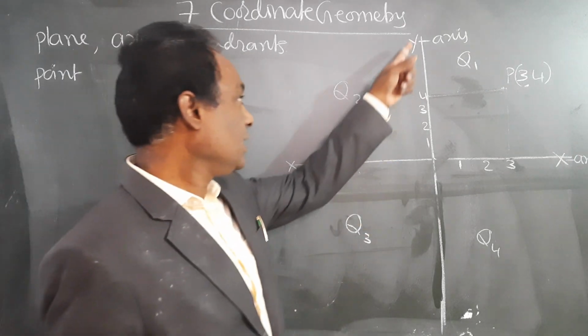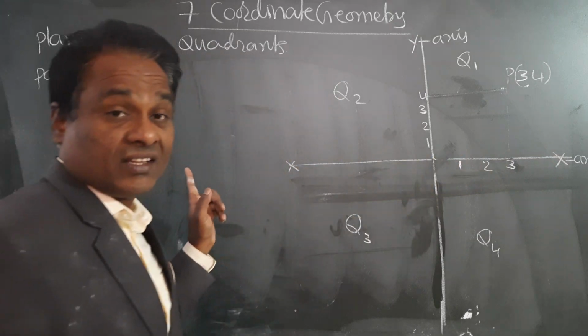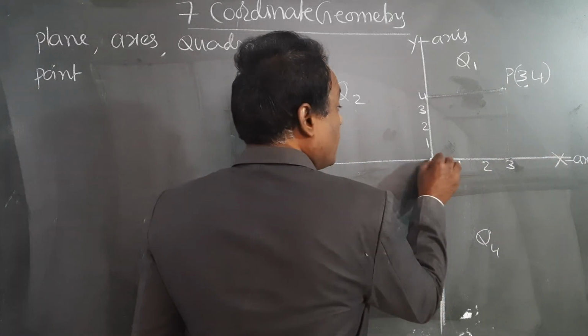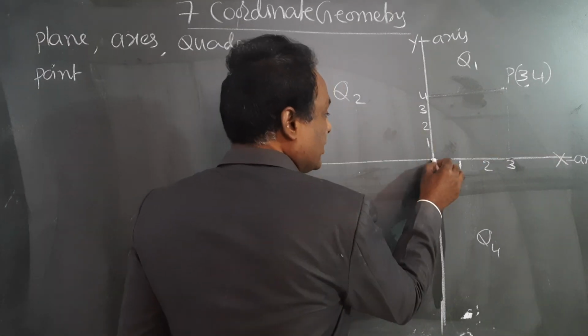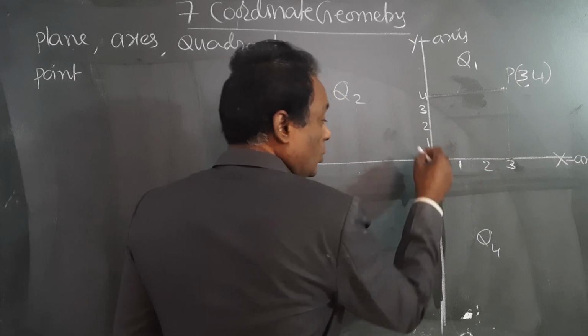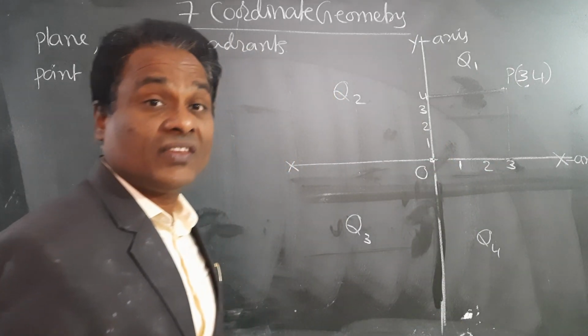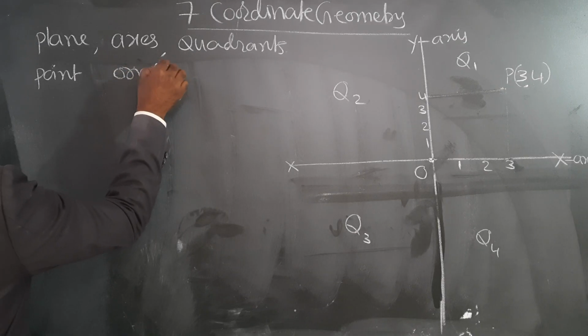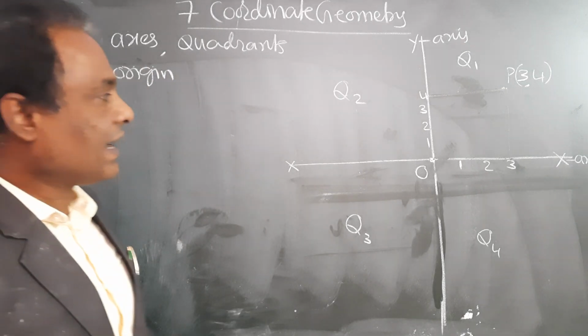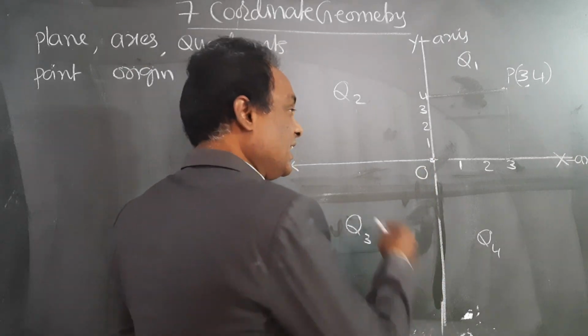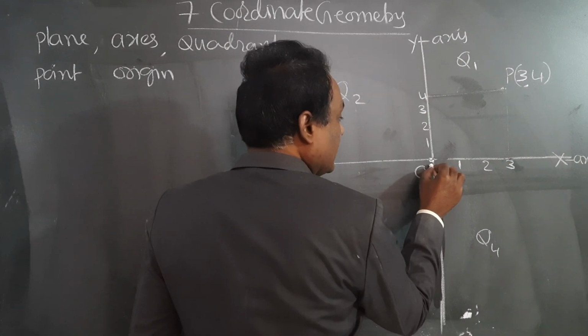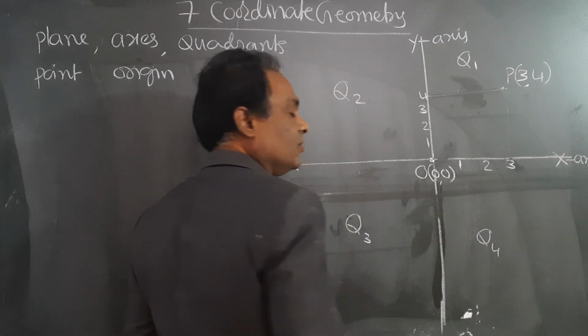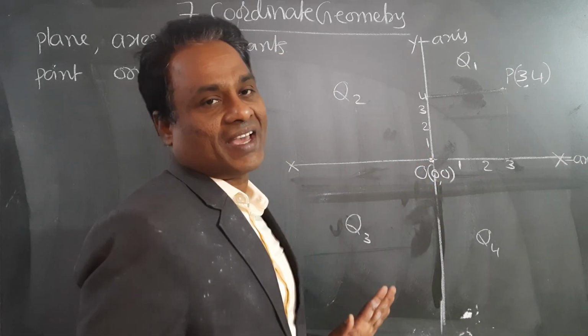Now if we draw two reference lines, this plane is divided into 4 parts, and the point of intersection of these two reference lines is called the origin. This is the starting point for x and also for y. So x value 0, y value 0. Here x value is 0, y value is 0.